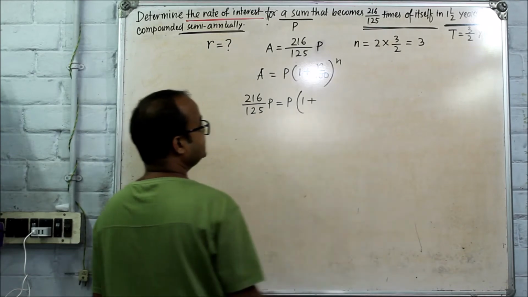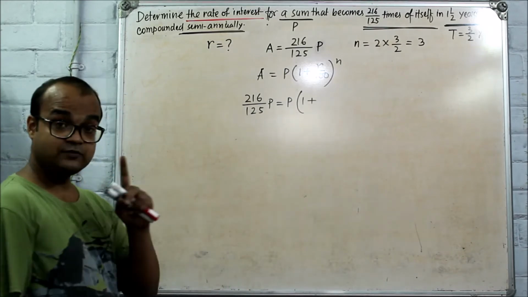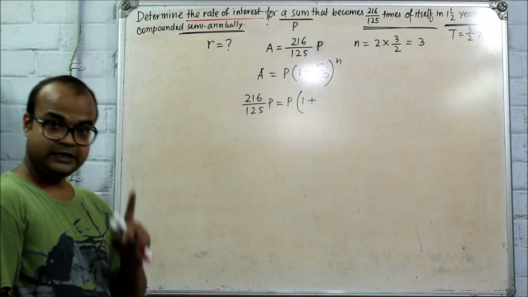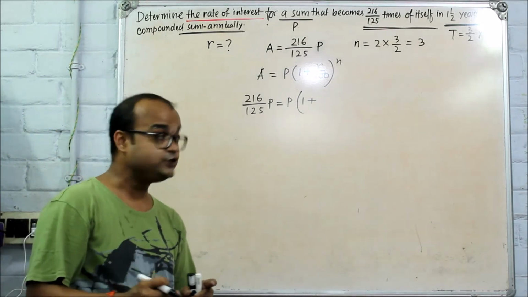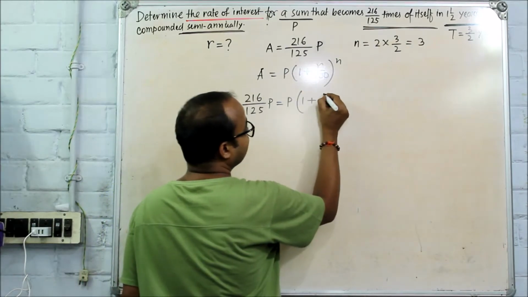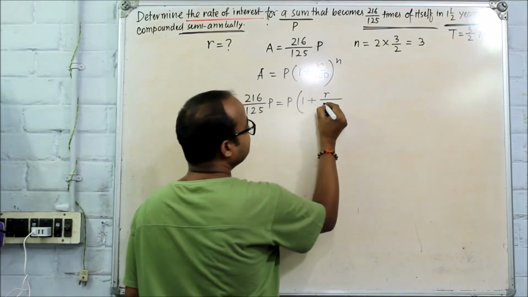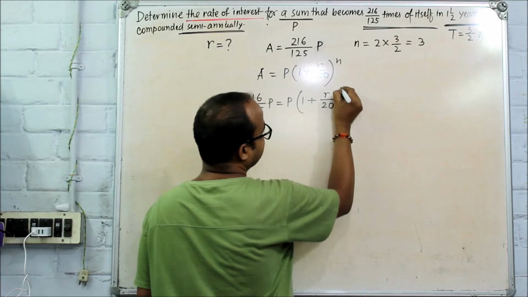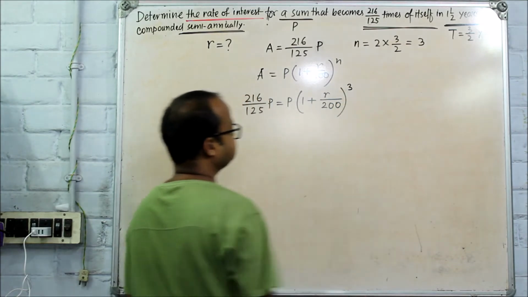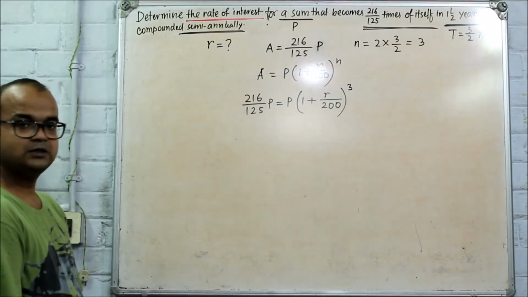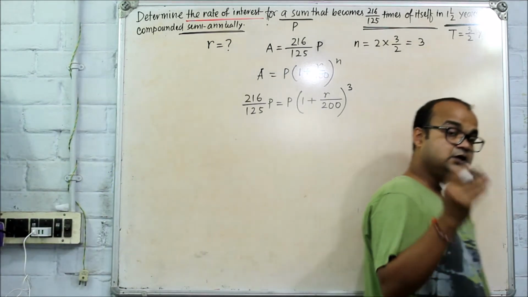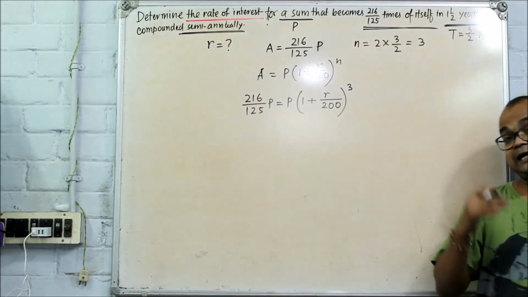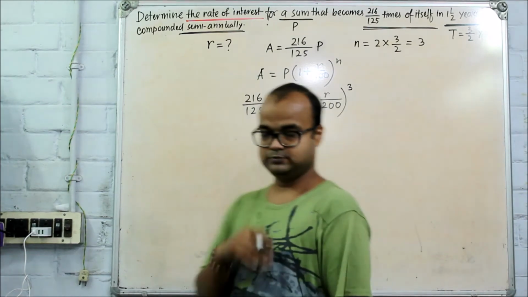1 plus. Now in case of semi-annual, R will be divided by 2. So in place of R, we substitute R by 2, that is R by 200 to the power 3. Clear? If you remember, in case of semi-annual, R will be divided by 2 and n will be multiplied by 2.